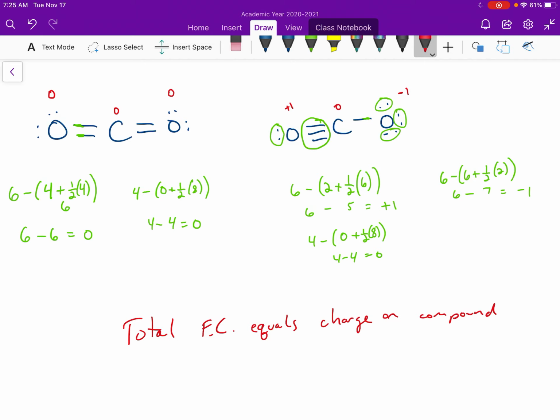But look what we have here. Right? Not terrible, because we have, like a +1, -1, 0, and so on. Right? They're not huge numbers, but they're not 0. And even though I have a negative over here on this oxygen, I have a positive on this oxygen. Oxygen being the more electronegative, that's not ideal. Right?